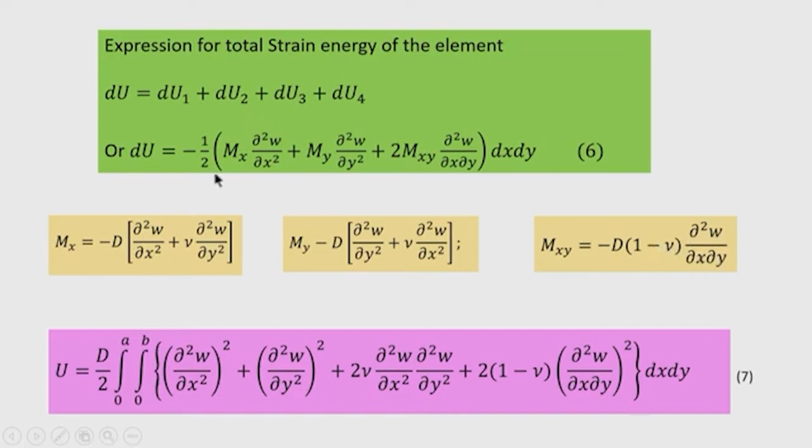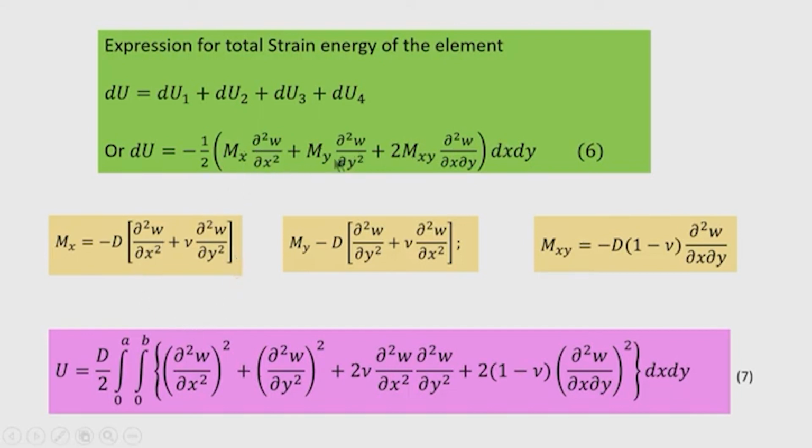So, substituting these values of Mx, My and 2 Mxy, we ultimately get this expression for the strain energy of an element in terms of deflection and its derivatives, mainly the second derivatives of the deflection.